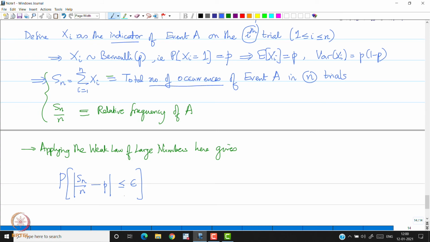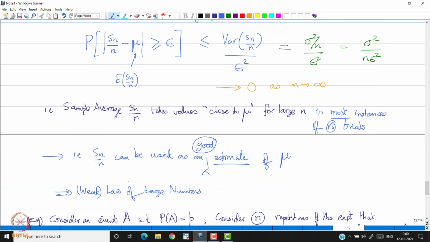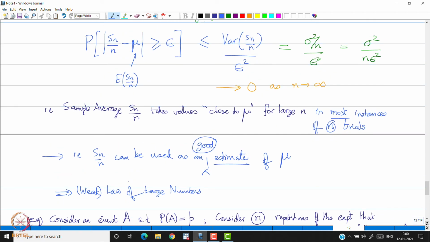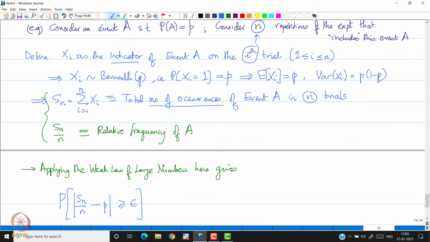being greater than or equal to epsilon, right. This is the event that the relative frequency is more than epsilon away from the mean, in this case p. So this is the mu, let me do one more thing here.